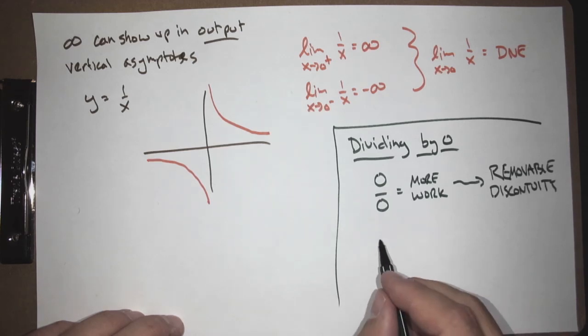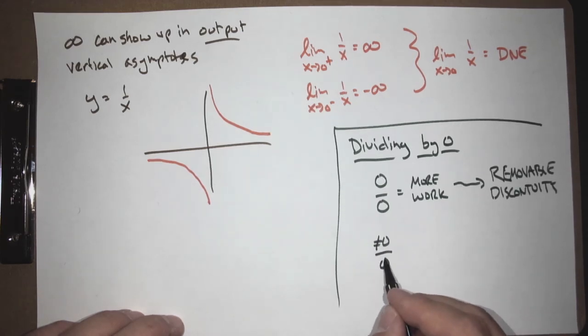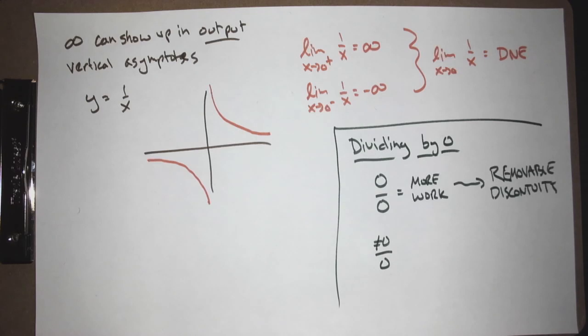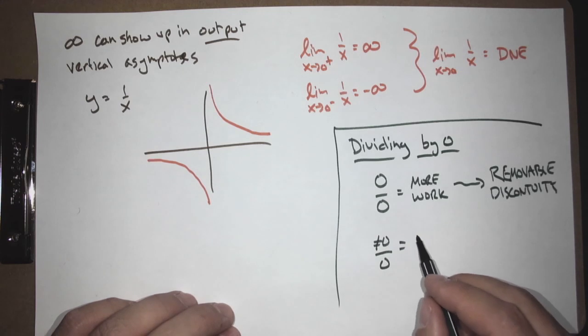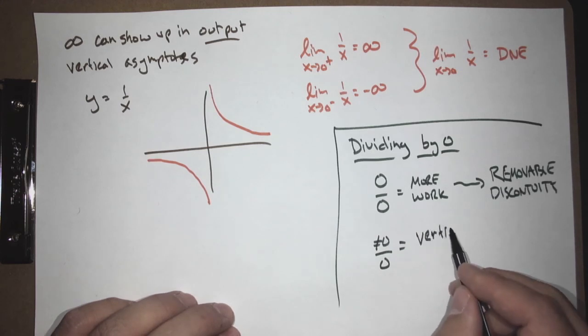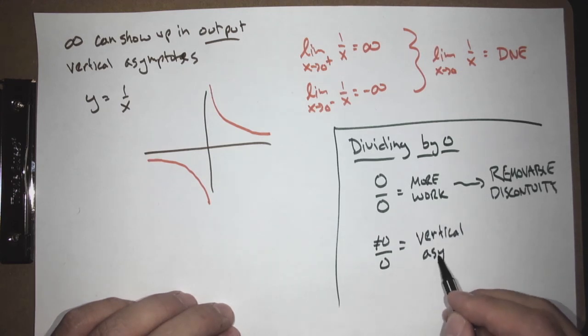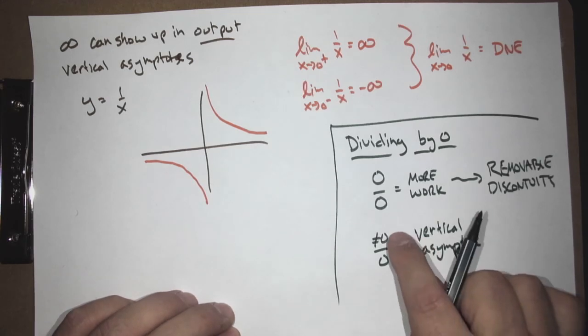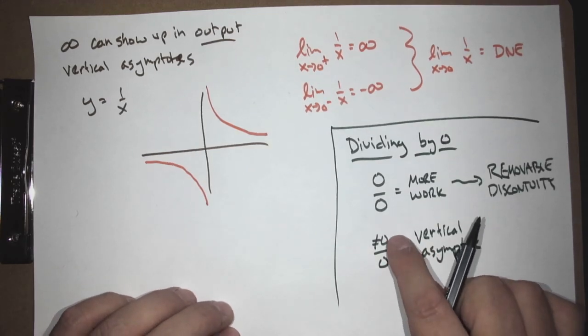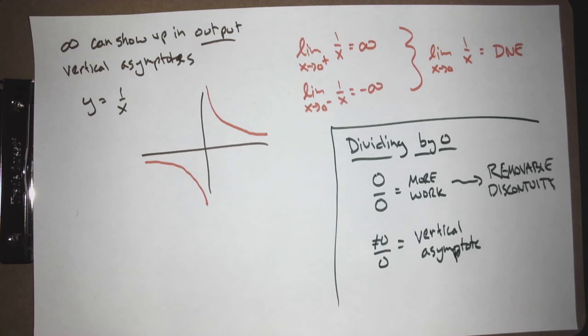Now, what if you get a non-zero number divided by 0? Like 2 over 0, 5 over 0. What's that doing? Well, this is when you get that vertical asymptote. Because if you have a non-zero number divided by 0, essentially you have 1 divided by a really tiny number.